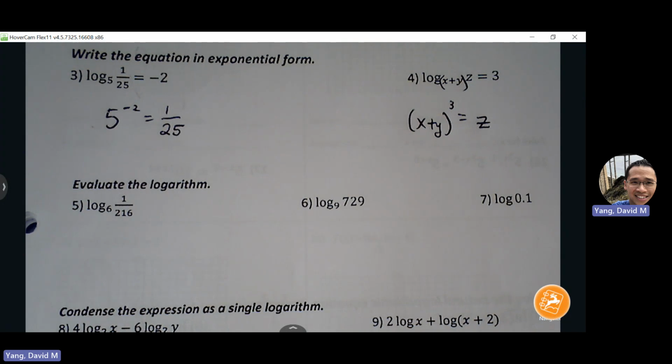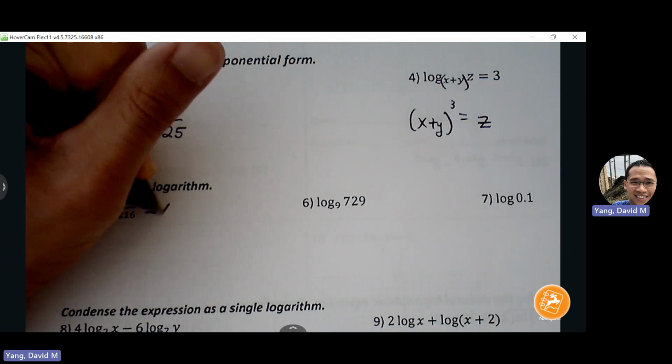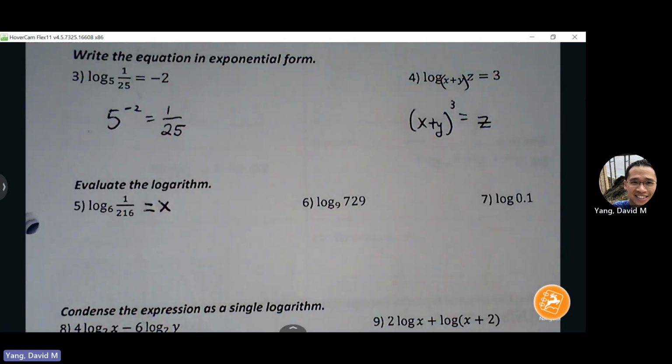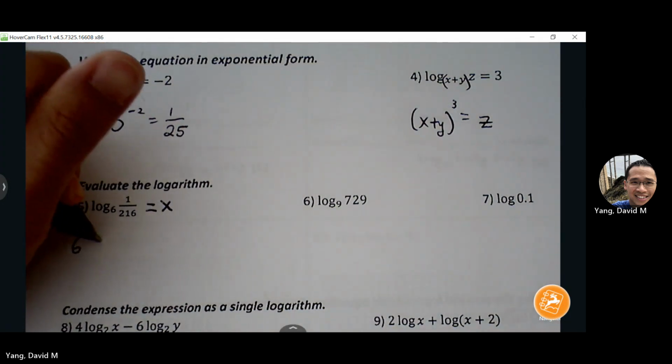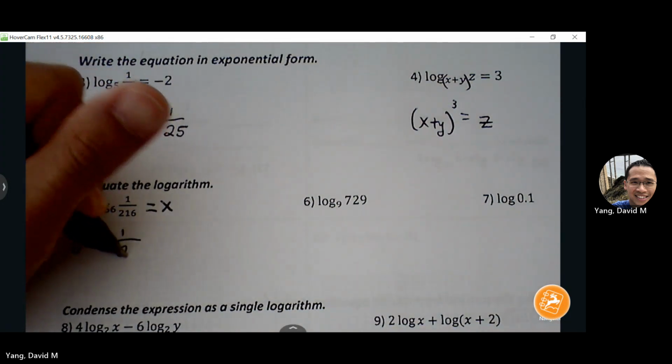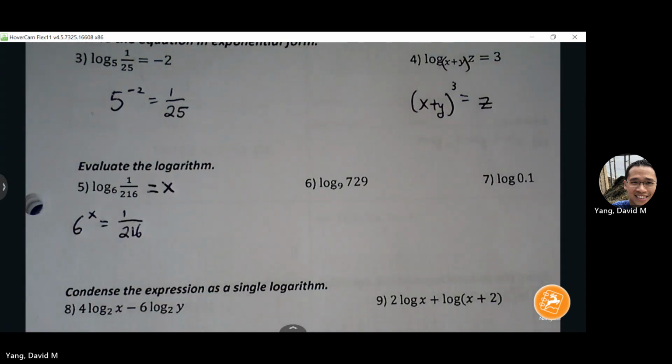Okay, evaluate logarithm. So now we want to solve for x. So let's just go ahead and put an x there, get it into exponential form, and then see what you can do to solve for x. You can play with the bases.